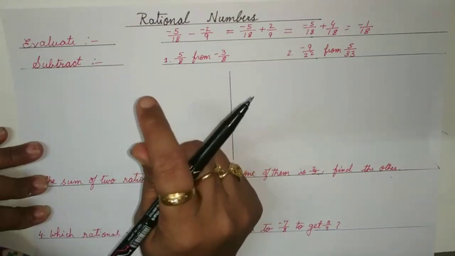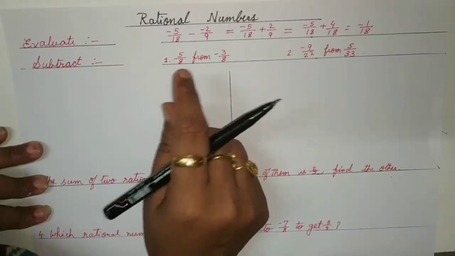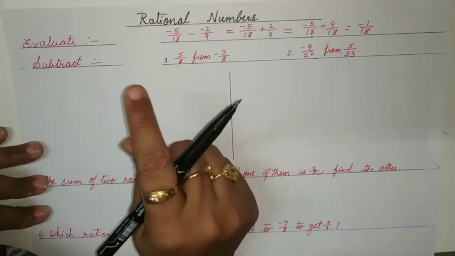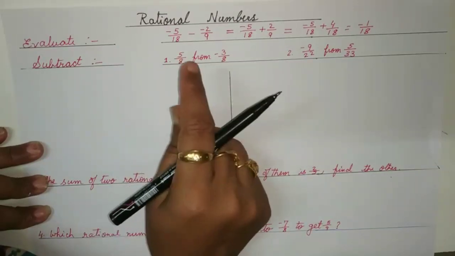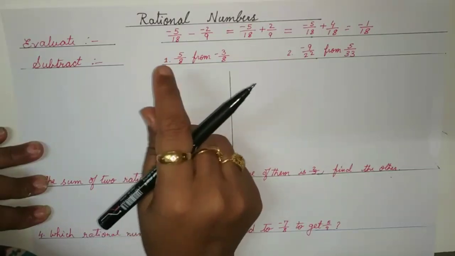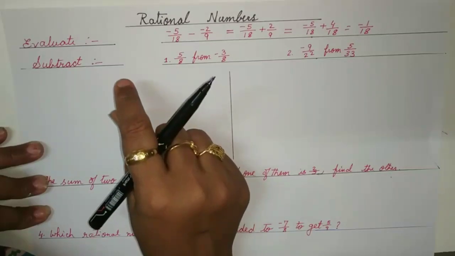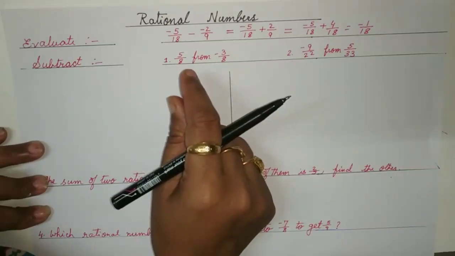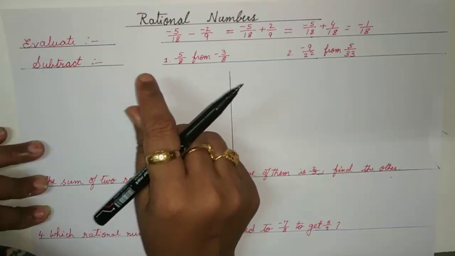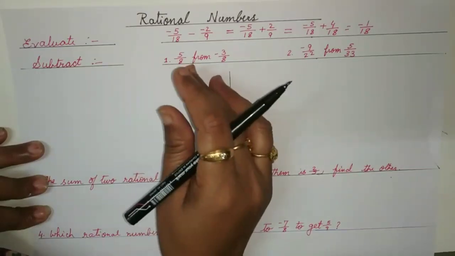Like if there are two rational numbers with positive signs, they are to be added with a positive sign. If there are two rational numbers with negative signs, they are also to be added but with the negative sign. But if there are two fractions, one with a positive sign and one with a negative sign, you are supposed to subtract them and put the bigger number's sign, which we had done in the previous class.